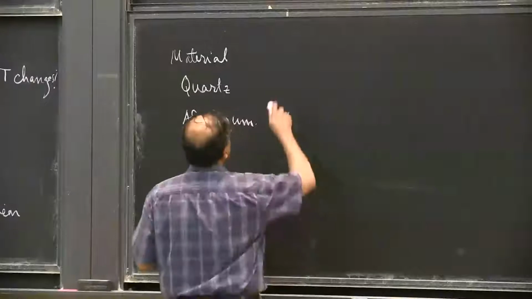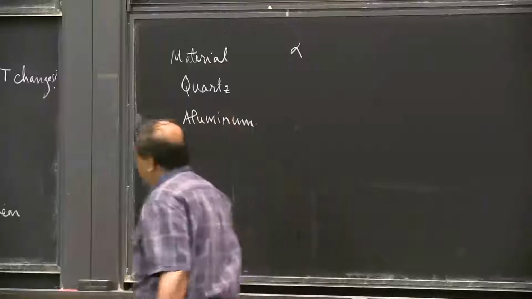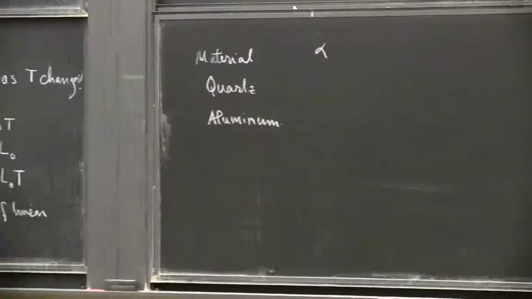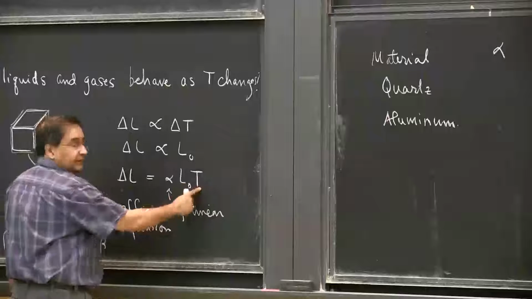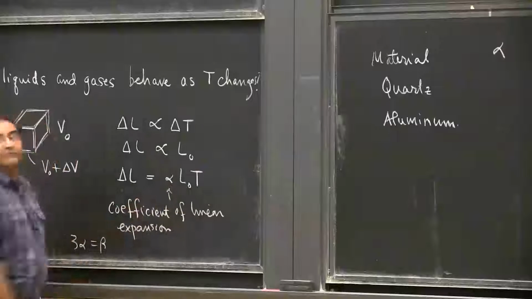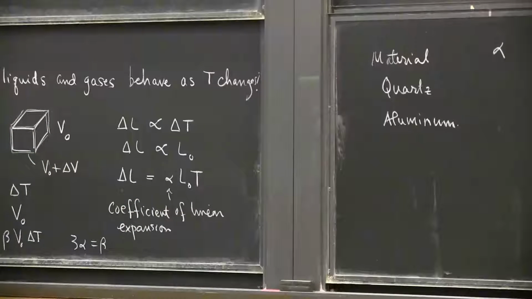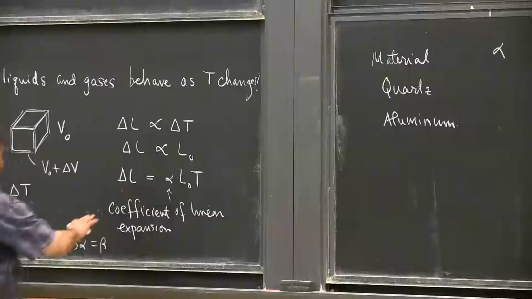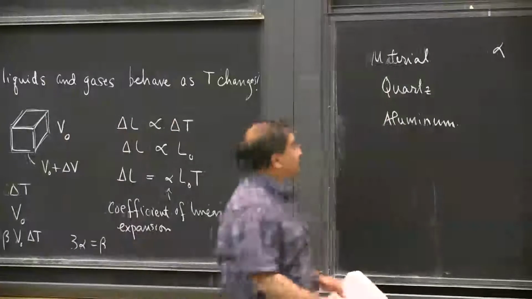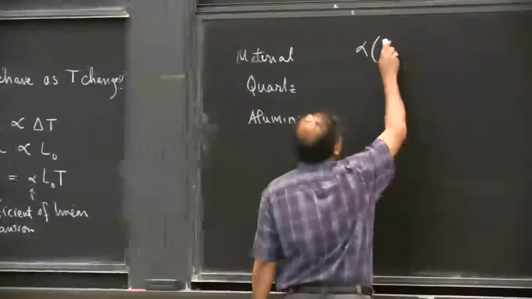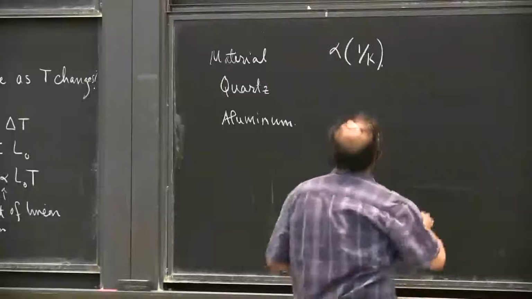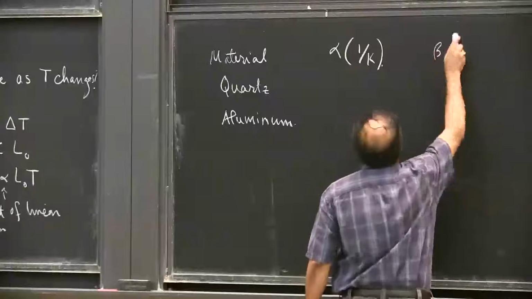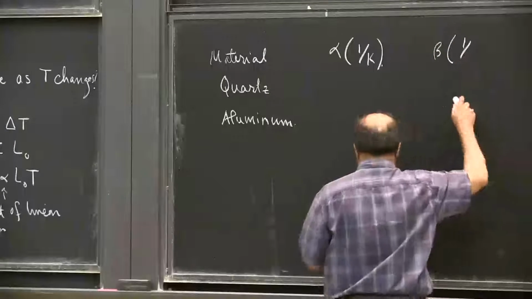Now if you look at the units of alpha, delta L should be a length, and here you have temperature. So the units of alpha should be inverse temperature, so that you get a dimensionally balanced equation. Therefore it's 1 over Celsius or 1 over Kelvin. And similarly, beta is 1 over Kelvin as well.